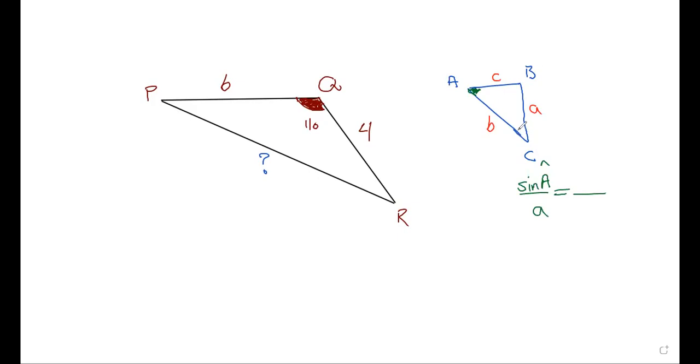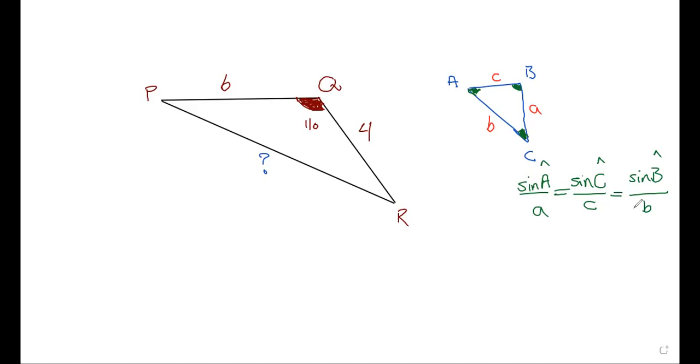Equals another ratio, for example, the sine of this angle. See? This angle is looking at which side? See, that's right. Thank you. Equals the last ratio, sine of which angle? B. The angle B, which is here, which is the side that she's looking at. Fantastic. That was the sine law of the triangle.